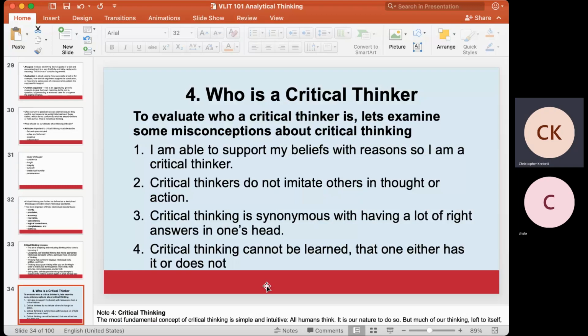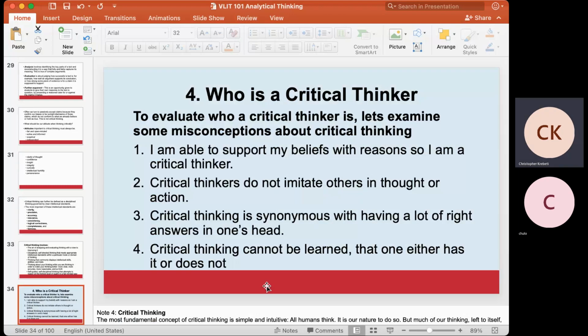Because it is not every reason you give for your belief that makes it critical. What about if the support you are giving for your beliefs are wrong supports? So then can we say that the critical thinker should use wrong thinking to say he's a critical thinker? So there's a problem. That's why it's a misconception.